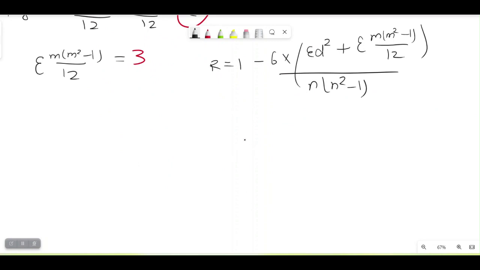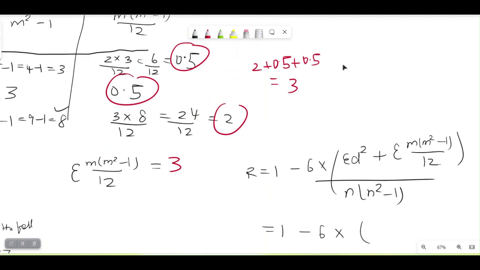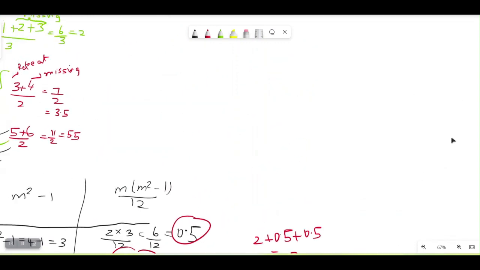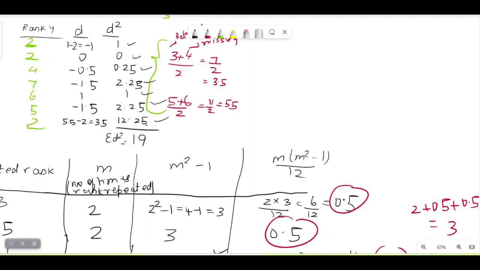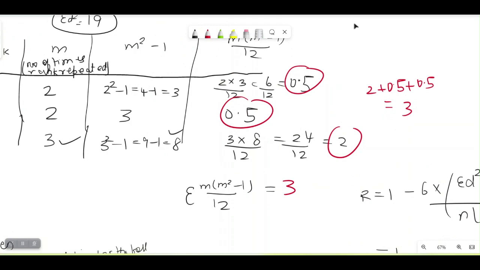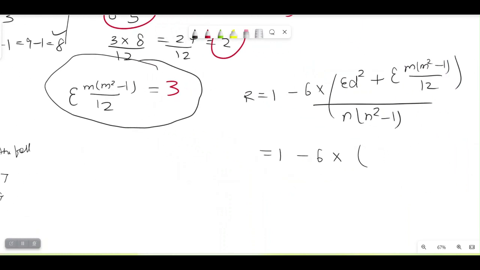Now we have 1 minus 6 into sigma summation of d square. Summation of d square is 19, which we found here. And at the same time have a proper look that summation of the m into m square part term is 3. So the first term is 19, second part is 3.